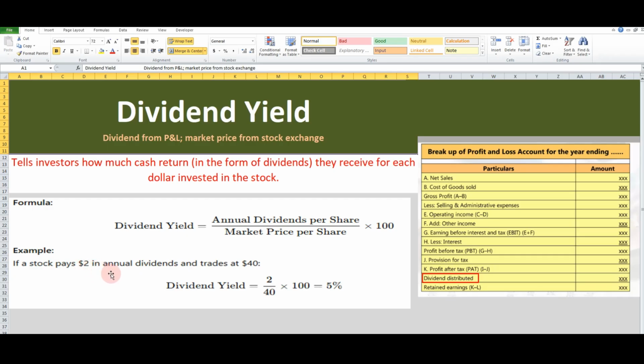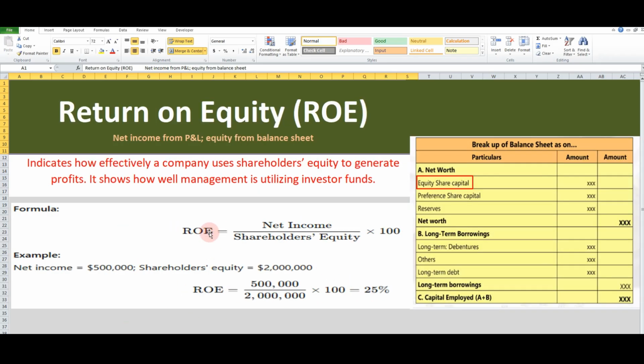For example, if a stock pays $2 in annual dividend and trades at $40, we calculate this and find the dividend yield is 5%.